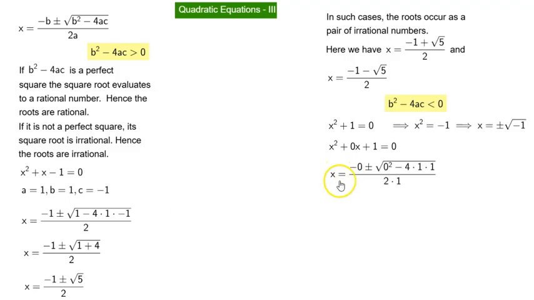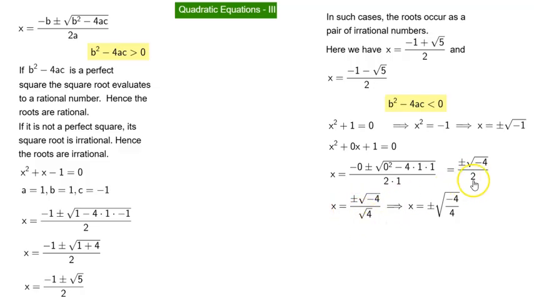And applying the quadratic formula, we get minus 0 plus or minus square root of 0 square minus 4 times 1, divided by 2 times 1. Simplifying it, we get plus or minus square root of minus 4 by 2. So x is equal to plus or minus square root of minus 4 by square root of 4.